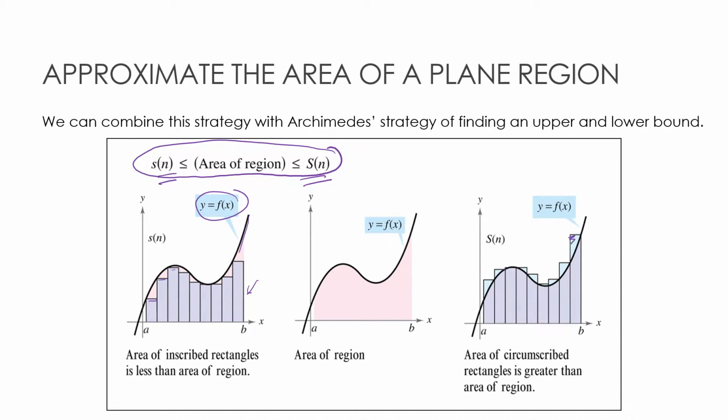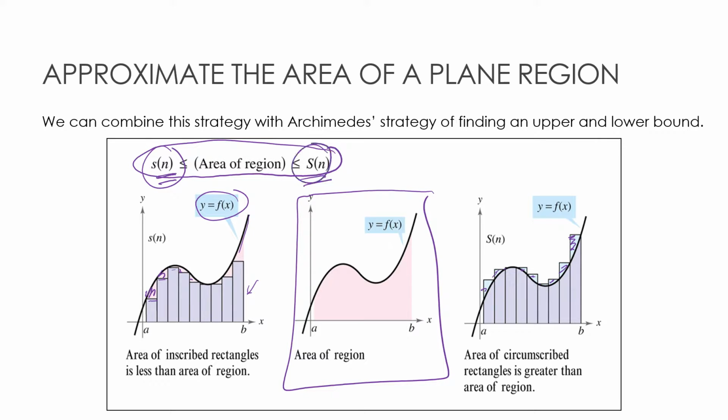So again, this is an overestimation. So all of this is overestimation, all of this is underestimation, and somewhere in the middle is the true area of the region. And if I continue to make more and more rectangles, these 2 get closer and closer together, kind of like the squeeze theorem that we talked about before. We can find the actual true area of the region.